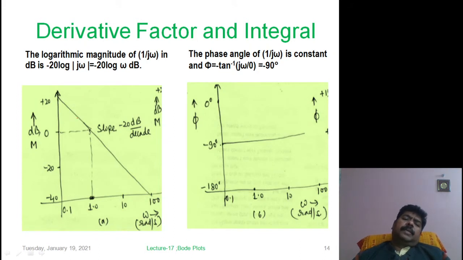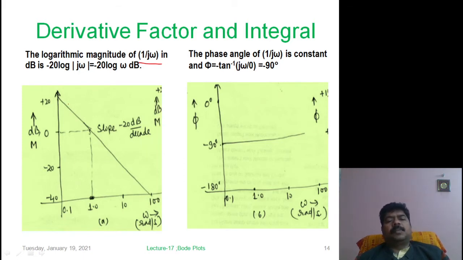Now, if the integral factor is taken, meaning 1 by j omega, what would happen? As we change the frequency in decades, meaning 0.1 to 1 to 10, 10 to 100, the magnitude at omega equal to 0.1 is plus 20 dB, since it is minus 20 log j omega.